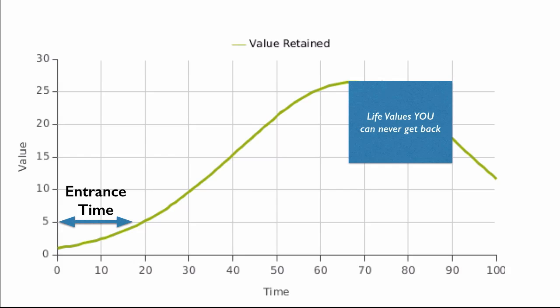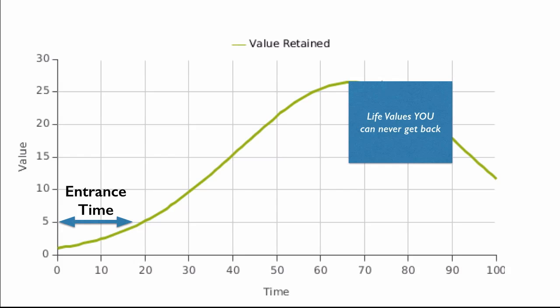These are life values you can never get back. And in fact, if this happens multiple times over the course of your life, it can add up to something very, very significant. We've called these sessions Fit for Life because personal business modeling is a necessary life skill in today's economy that you're going to have to repeat over and over again.